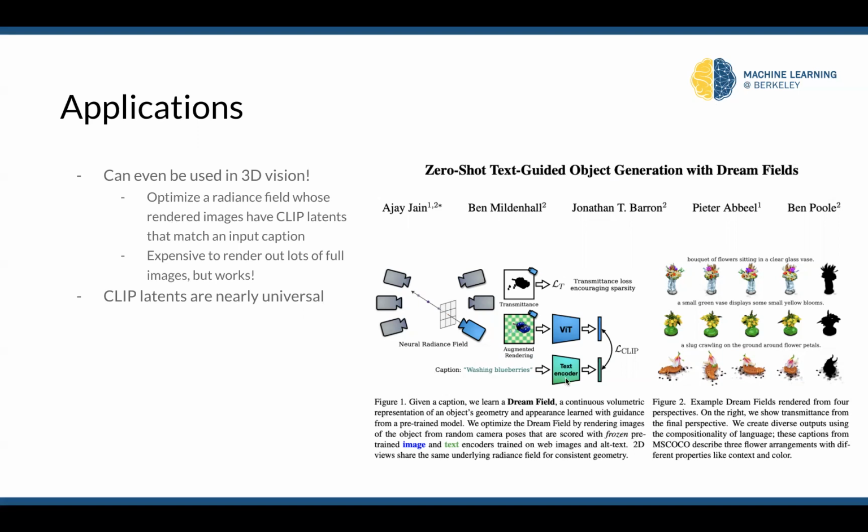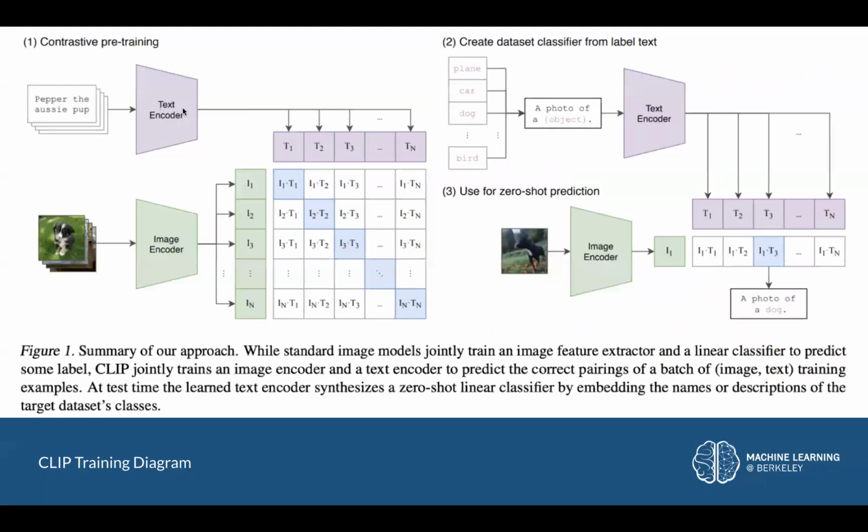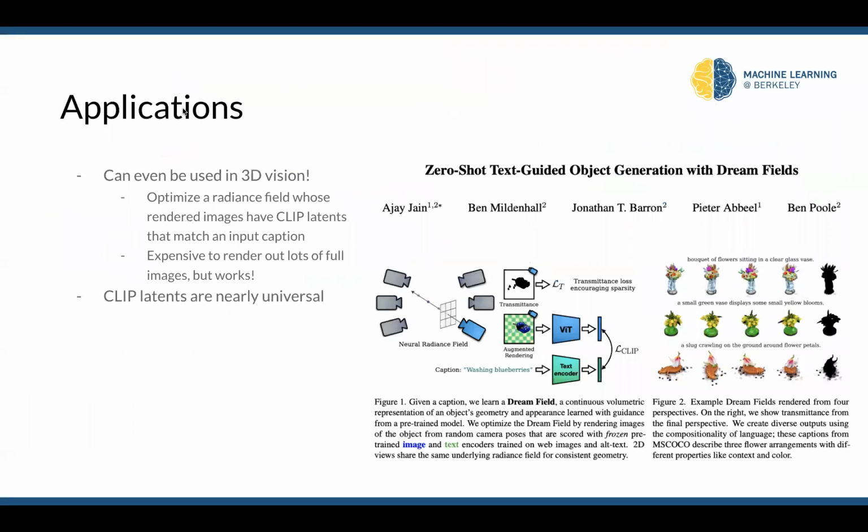What we will do is take this caption, put it through our CLIP text encoder in purple here, take the 512 dimensional latent, compare that to what our radiance field currently is, which will start out randomly initialized.